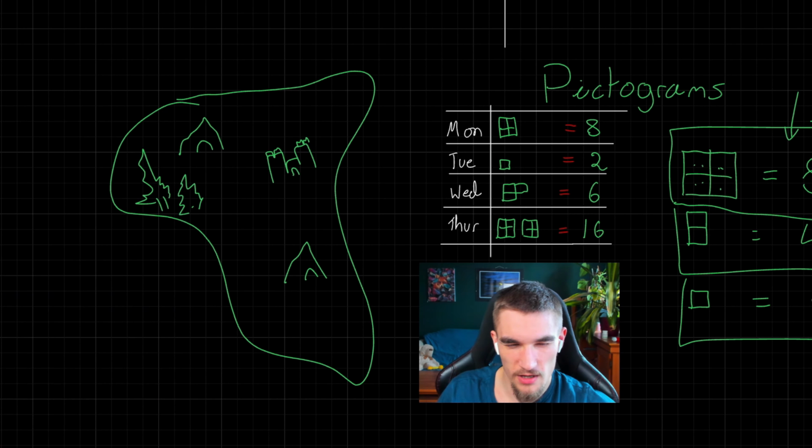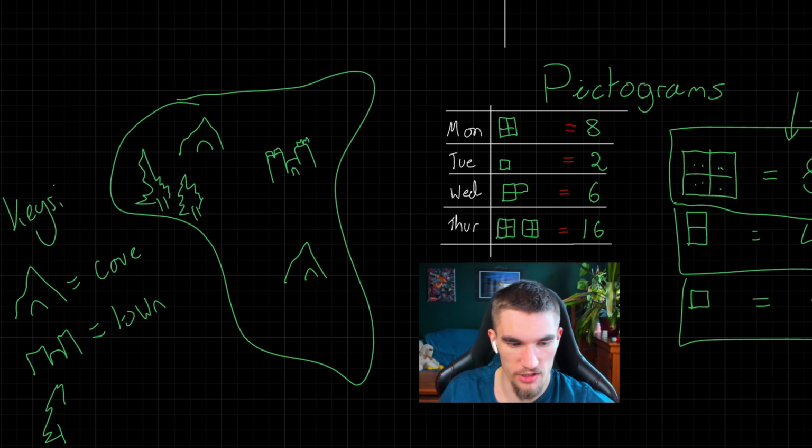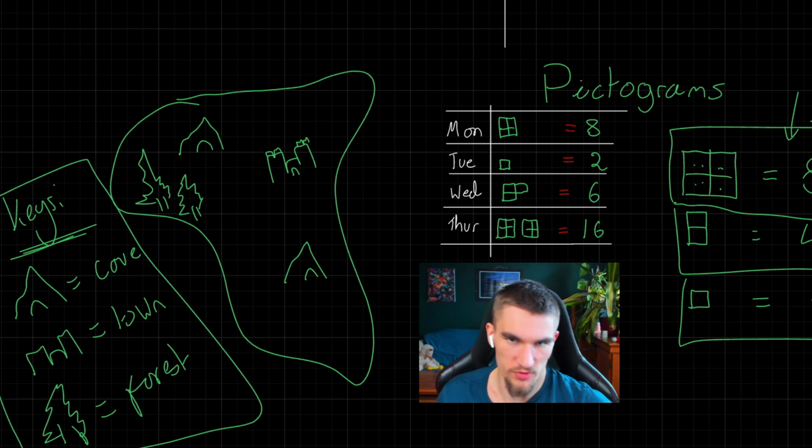And then on the side of the map, you're going to have your keys. And the keys just tell you what these different things symbolize. So this is a cave. This is a town or castle. This is a forest. So that's what keys are. The key is just a list of what different symbols represent.